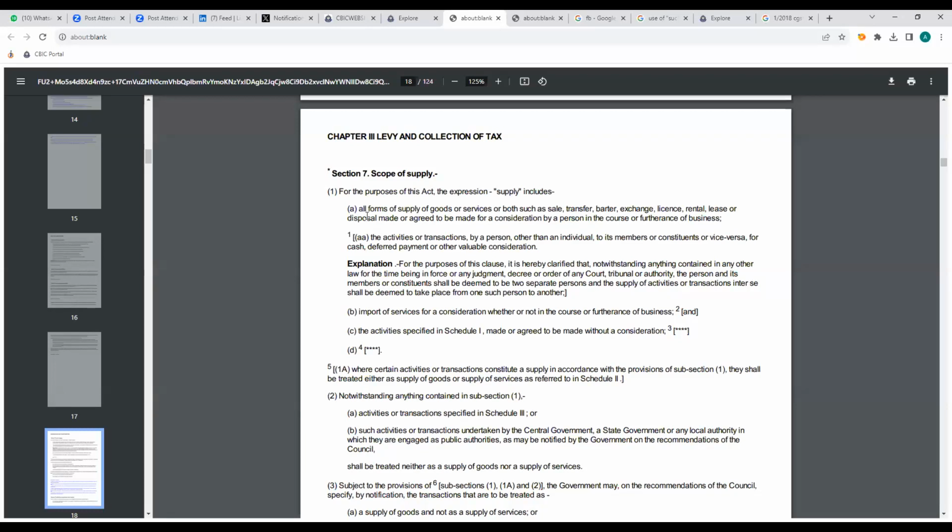Third and the most important aspect is that when 7A speaks of all forms of supply of goods or services, any transaction should first fall within the ambit of supply of services, and then once it falls within the ambit of supply of services against consideration, only then would it fall within the scope of supply.